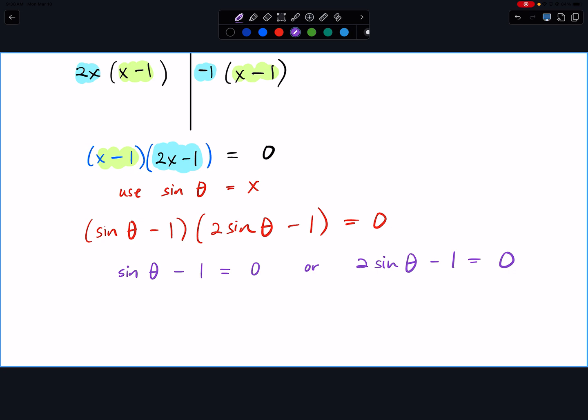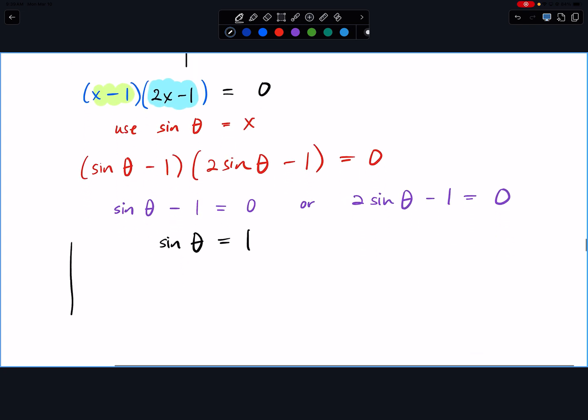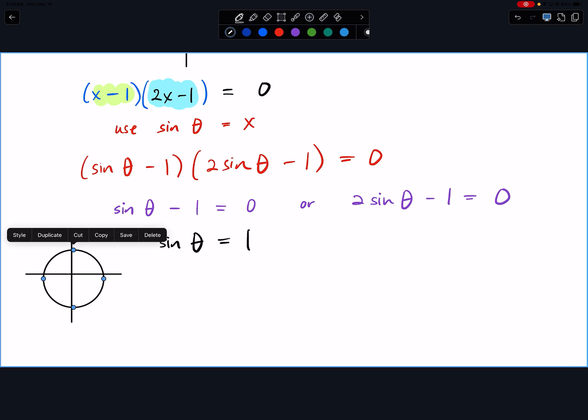Okay, pretty simple. Add 1. We've been practicing our unit circle. We love it when it's 1 or negative 1 because on our unit circle, remember sine is which coordinate, x or y?